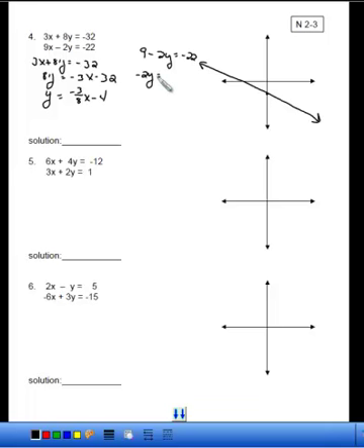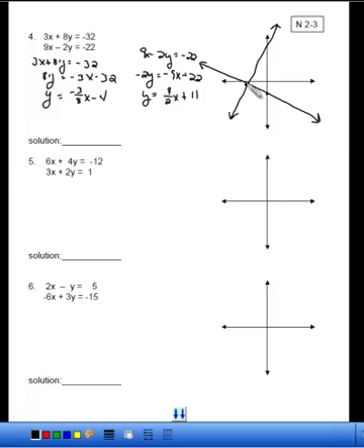Negative 2y is equal to negative 9x minus 22, and dividing by negative 2, then we have positive 9/2 x plus 11. So way up here at 11, we have a line, and we're going to draw that down, something like that.